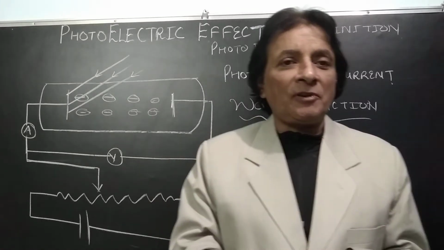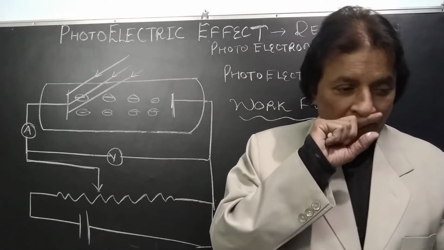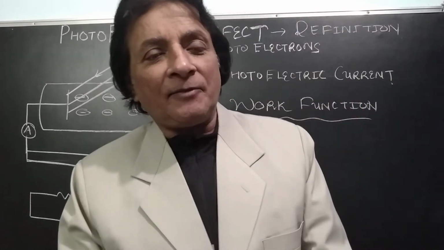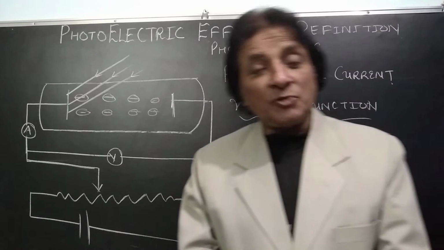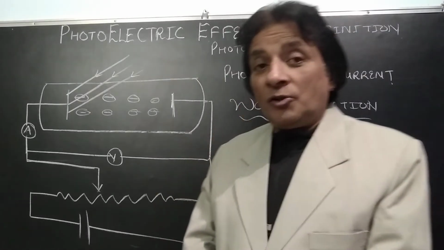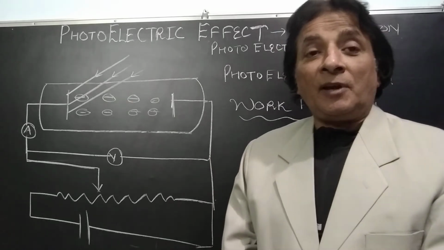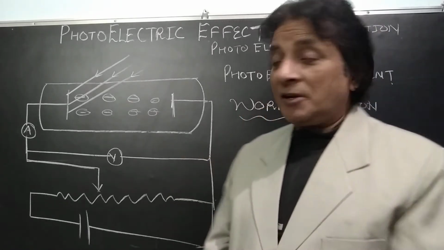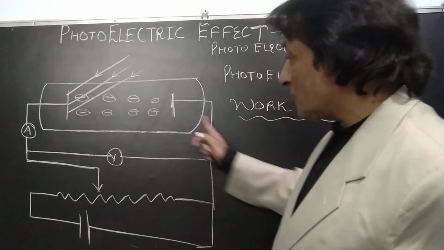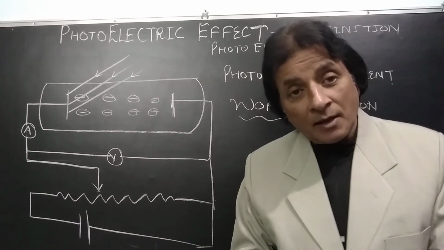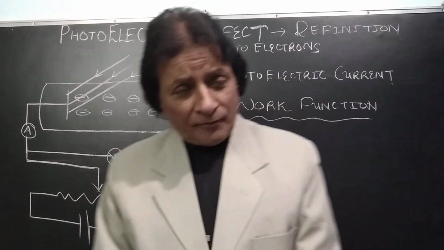I've told you what is the photoelectric effect. It is that effect in which light of suitable wavelength is made incident on the surface of the metal. And the current so generated due to the photoelectric effect is called photoelectric current. And then I have told you what is work function.